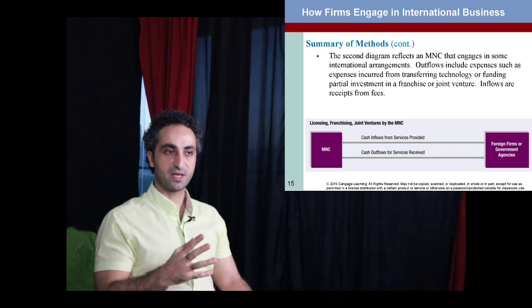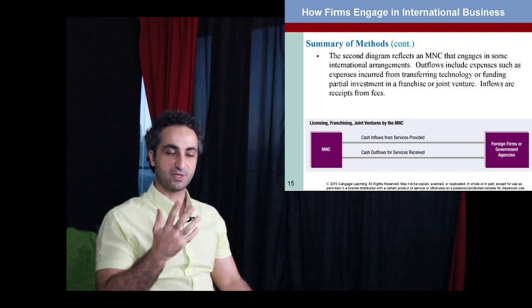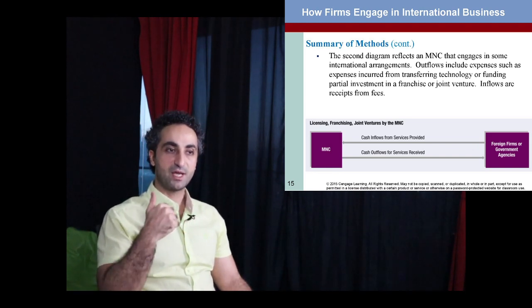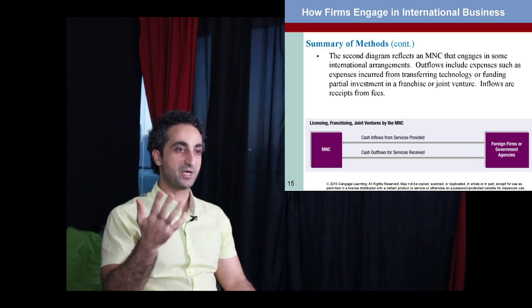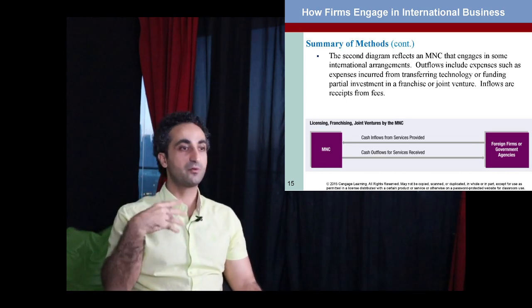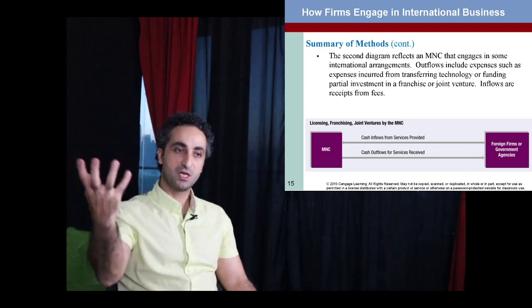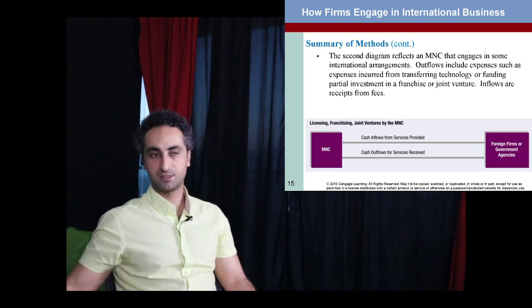So the second diagram reflects an MNC that engages in some international arrangements. Again, outflows include expenses incurred from transferring technology or funding partial investment in franchise or joint venture. Inflows are receipts from fees.